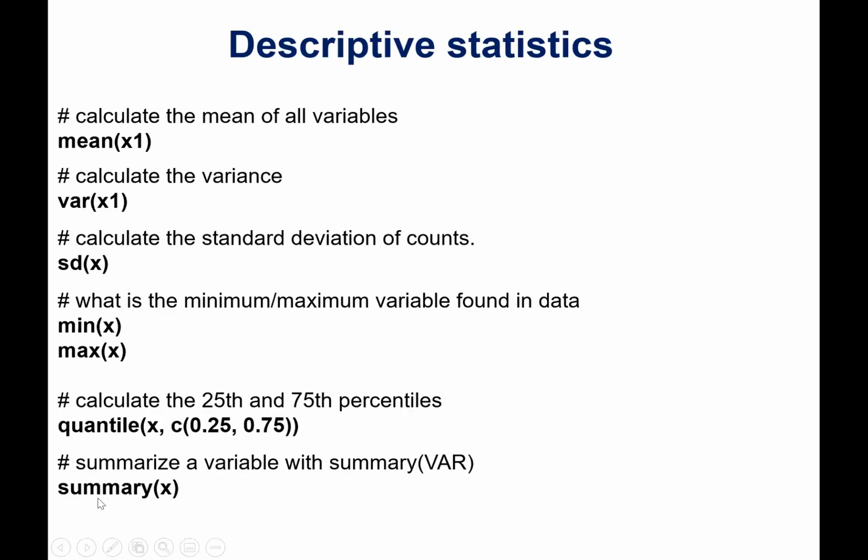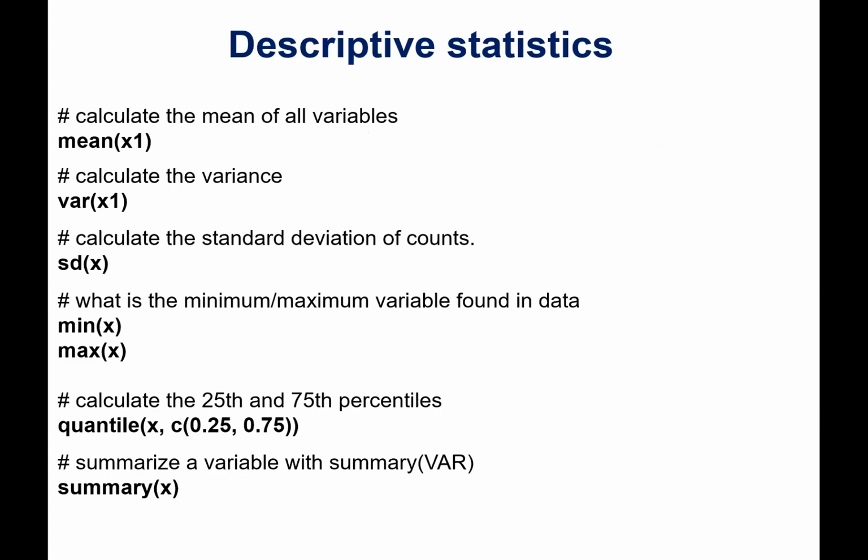So here is just a very simple example showing descriptive statistics. For example, when we have weight data, we include many numbers, then we can calculate their mean with the mean function. We can also use SD, this function calculates standard deviation.